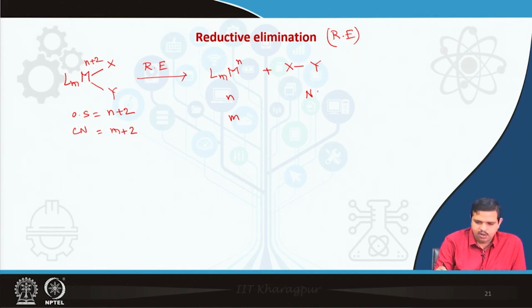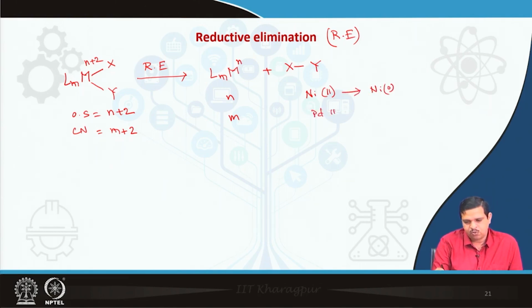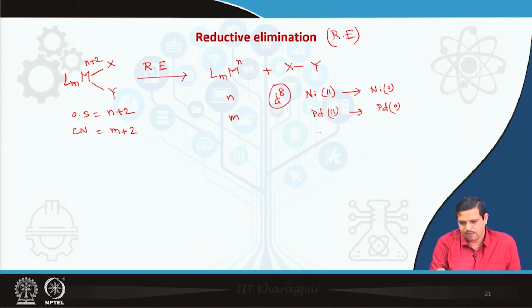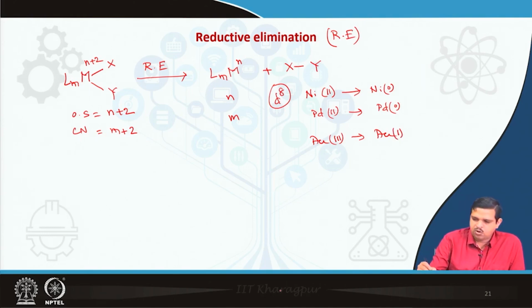That is why, like nickel 2 to nickel 0, then palladium 2 to palladium 0, all the d8 systems can undergo reductive elimination, gold 3 to gold 1, and not only that, iridium 3 can undergo reductive elimination to give the iridium 1 complex.